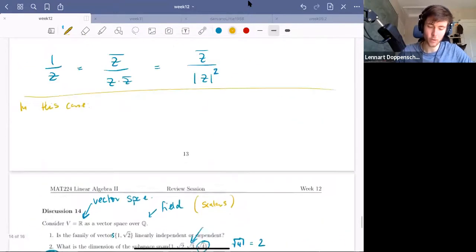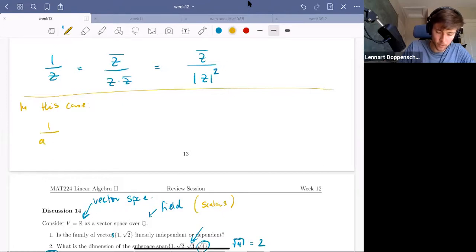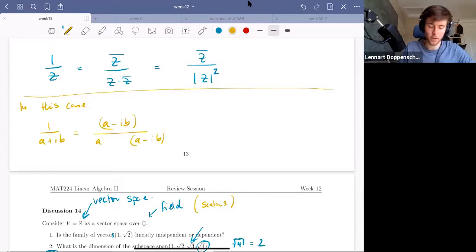Okay, so how do we get the real and imaginary part of 1 over a plus ib? Well, notice that 1 over a plus ib is equal to a minus ib multiplied in the denominator and numerator.